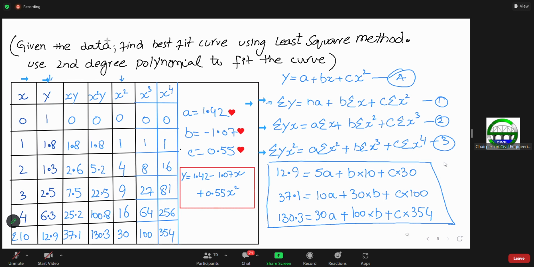Okay. So that was regarding the second numerical problem that you can use.